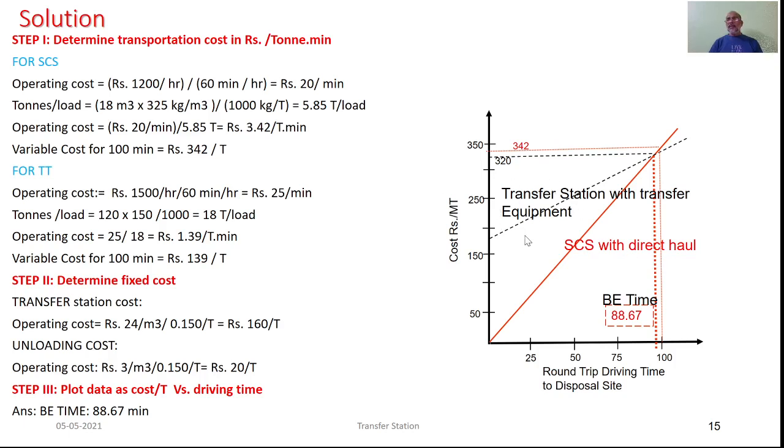When we consider the option of this transfer station, there will be a fixed cost of 180. Hence, the variable cost is to be plotted from that point onward, and this dotted line represents the cost associated with the transfer station.